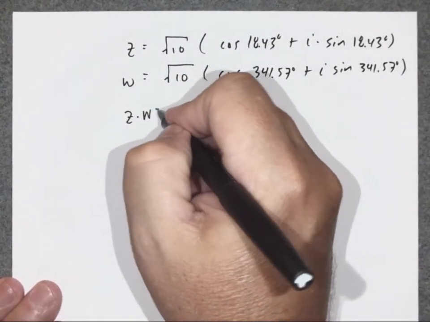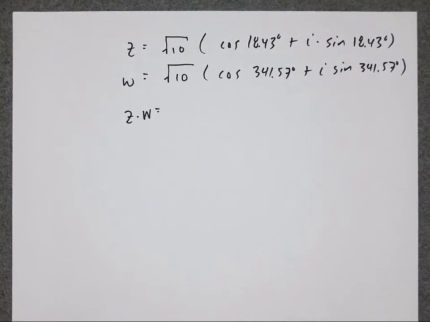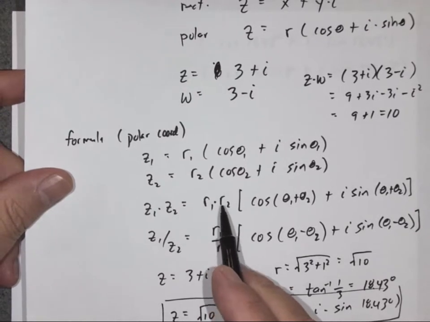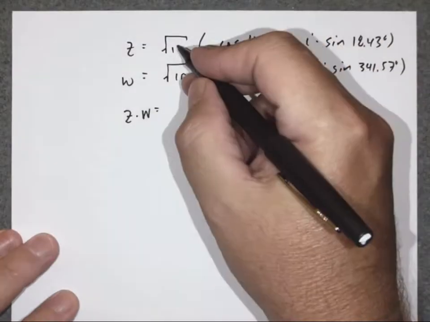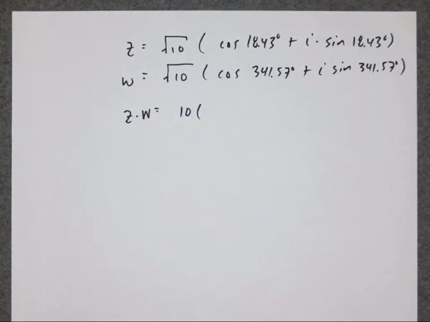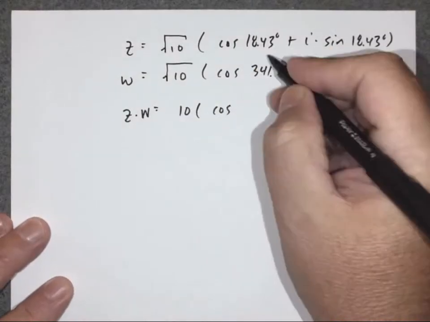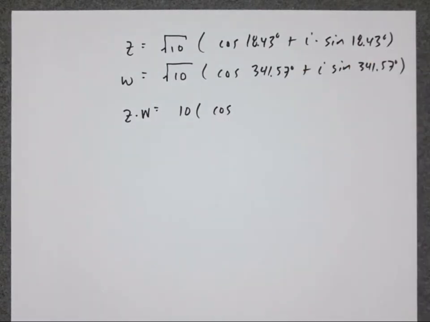Now, I'm going to multiply them. They're in polar coordinates, so I can use my equation here. You multiply the two r's. Square root of 10 times square root of 10 is 10. And then you remember what you do? You take the cosine, and you add the two angles.